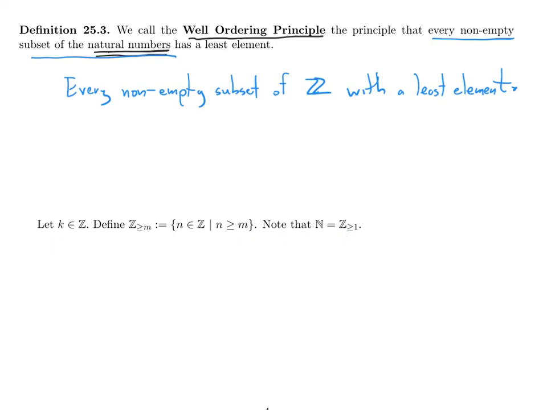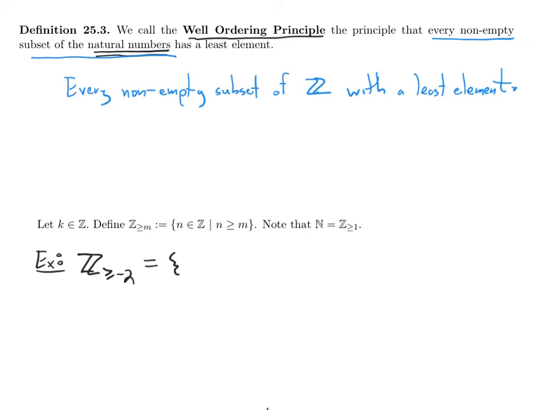So we can start at any least element we like and go up by ones, or twos or threes, whatever. Let me show you an example of what I mean here. If we had something like z greater than or equal to -2, this would be the set of all elements of the integers that are greater than or equal to -2.